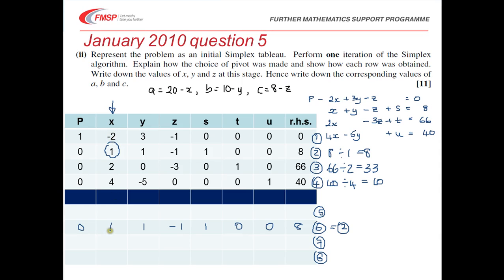In other words, 2 lots of our pivot row. So our 5th row is going to be the first row plus 2 lots of the pivot row. And if we do that, so it's going to be row 1, 1 plus 2 lots of nothing, minus 2 plus 2 lots of 1, 3 plus 2 lots of 1, and so on. So hopefully we should be able to go through and complete that row.